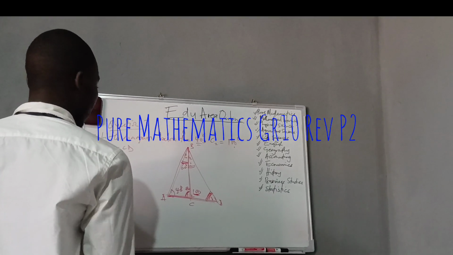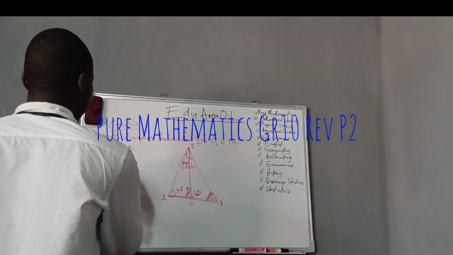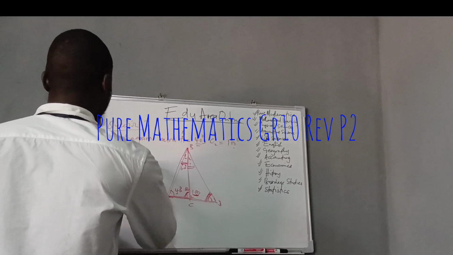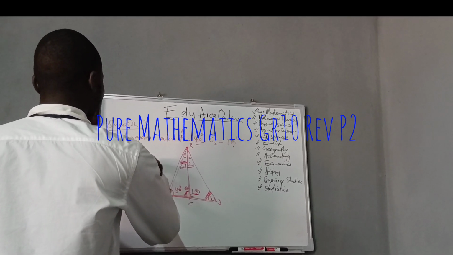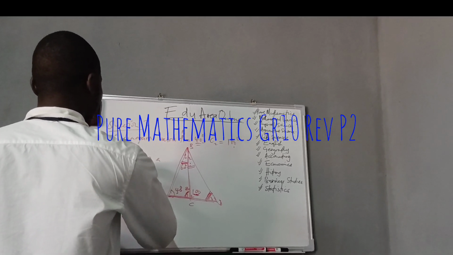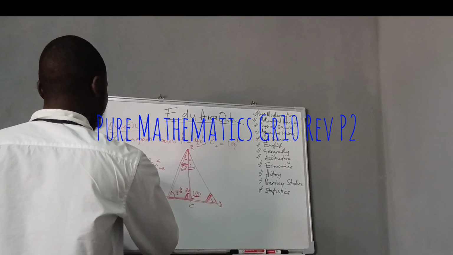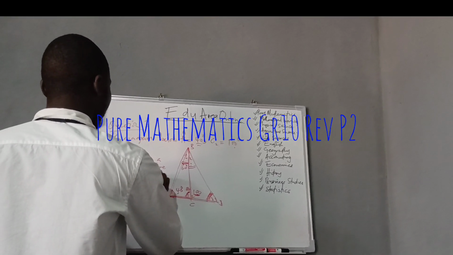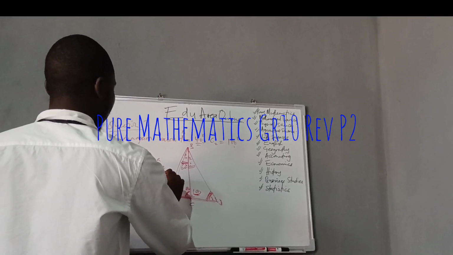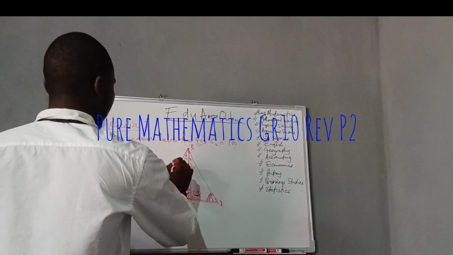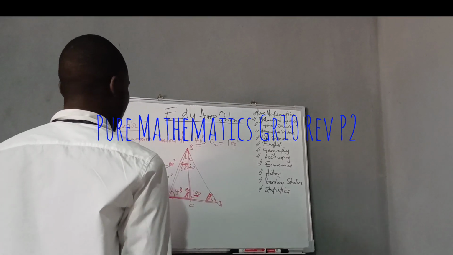So the reasons we named here, we said angles on a straight line, number 1. Number 2, angles in a triangle equal 180 degrees.